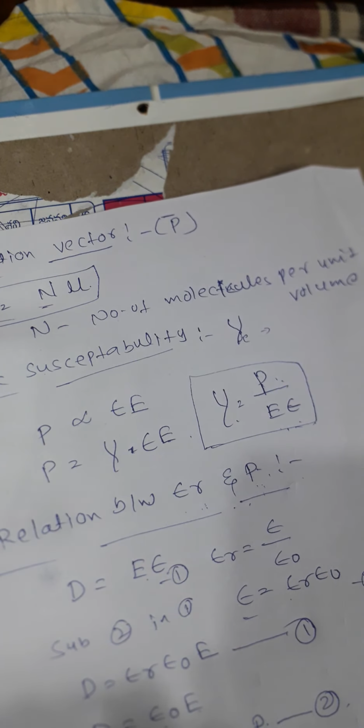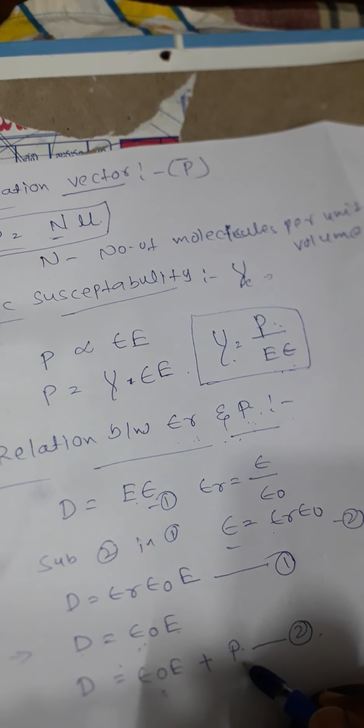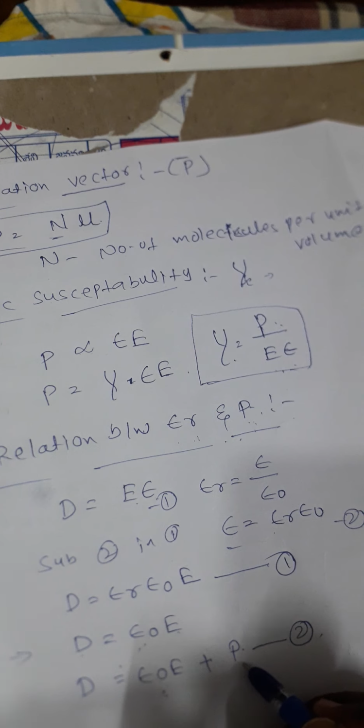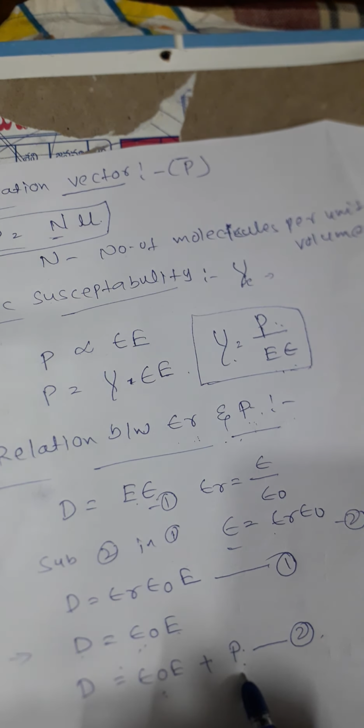First we took free space; when it is placed in a medium, the dipole moment increases, indicated by the letter P.